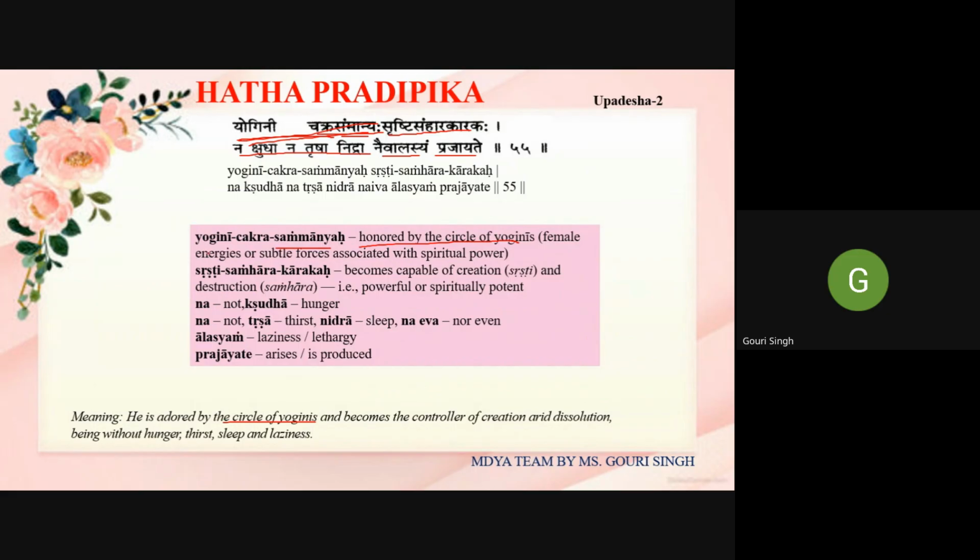But if we follow the Bihar School of Yoga, Muktibodhananda describes that the female energy present in our body becomes more illuminated and increases. Srushti samhara karaka: srushti means creation, and samhara means destruction.